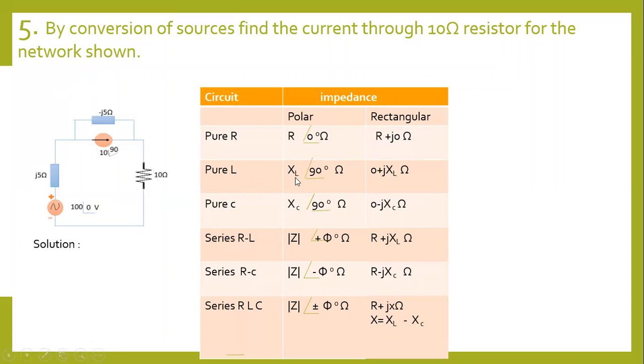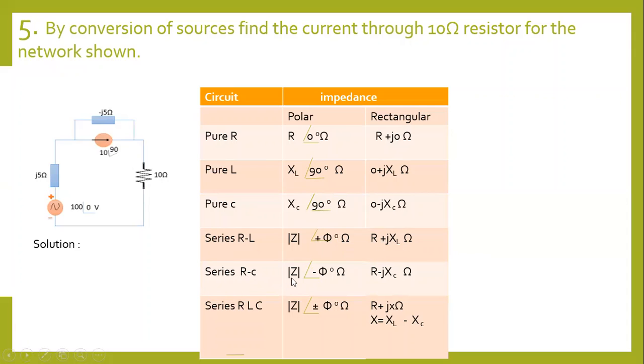Pure L is XL, inductive reactance, at an angle 90 degrees. No R here, hence 0 plus JXL ohms. If only a pure capacitor is there, then it is XC at an angle minus 90 in polar form, and 0 minus JXC ohms in rectangular form. For a series combination of RL, the magnitude of impedance at an angle phi, R plus JXL.